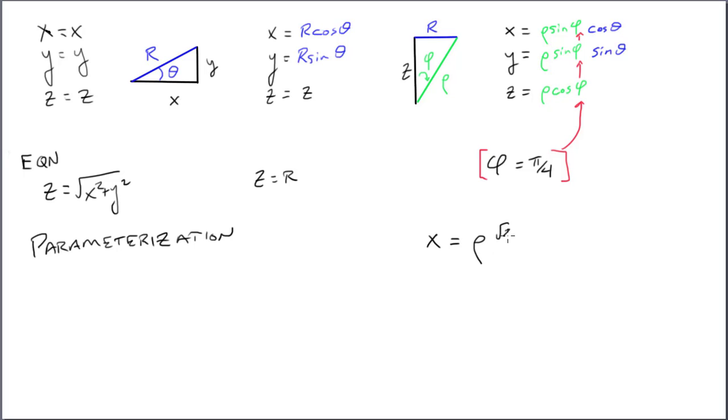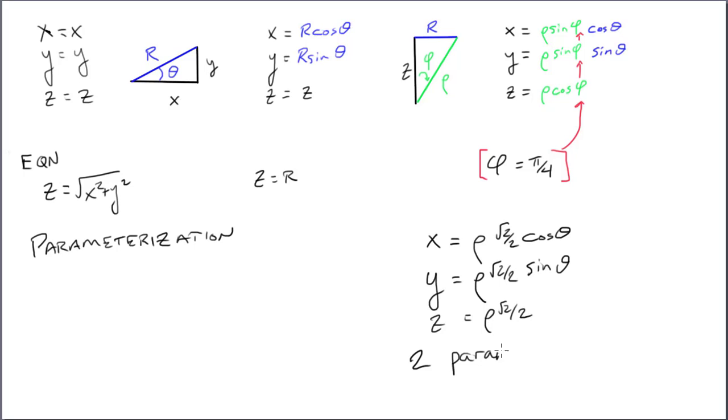That's parameterization. Whatever coordinate system you're coming up with, that's your right-hand side, that's your input. Rectangular coordinates, left-hand side, that's your output. Two parameters, phi, theta. So three different parameterizations for the surface, depending on what you want to do.